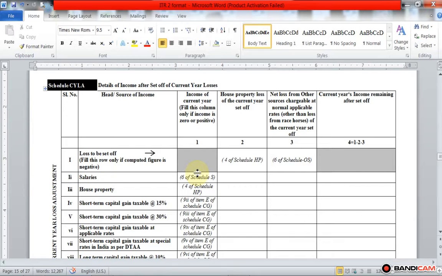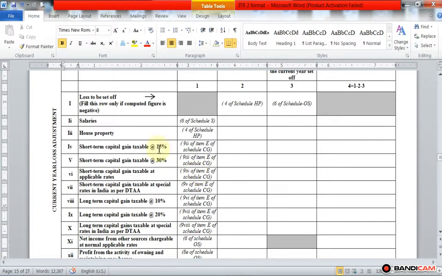So here the assessee will have to furnish the information relating to the set off and carry forward of losses, that is, current year's losses can be set off against the current year's profit. So here the assessee will furnish the information relating to the set off of losses. In salary the loss is nil, because the assessee will not incur a loss from salary.